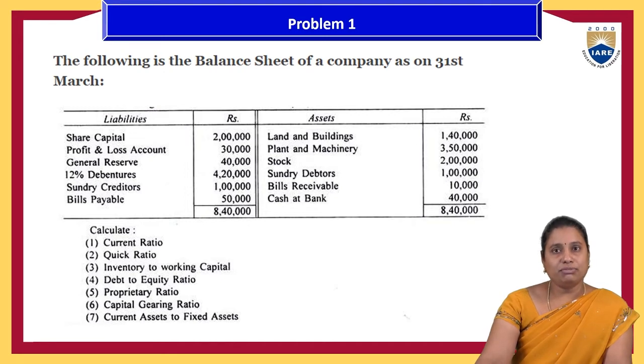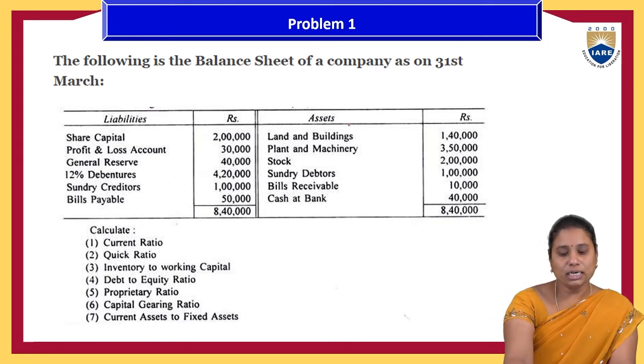From this information, they are asking us to calculate current ratio, quick ratio, inventory to working capital ratio, debt to equity ratio, proprietary ratio, capital gearing ratio, and current assets to fixed assets ratio. It is very easy if we have knowledge of the differences between current assets and current liabilities.